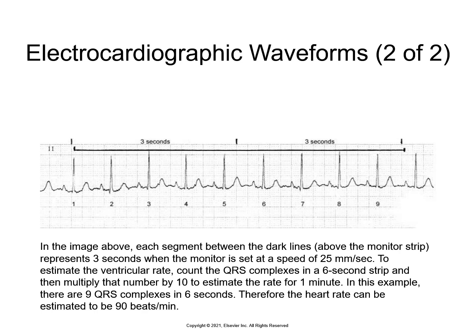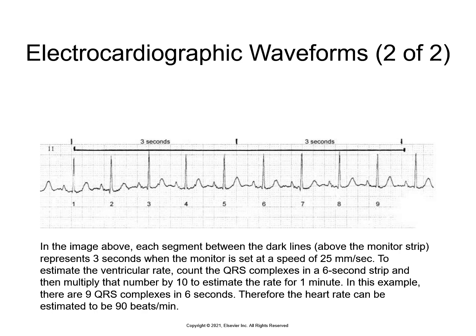And when the monitor is set at a speed of 25 millimeters per second, which is normal, when you want to estimate your ventricular rate, you're going to count the QRS complexes in a 6-second strip. So you would count from the one dark line over to the last dark line. You would multiply that by 10 to estimate the rate for 1 minute.